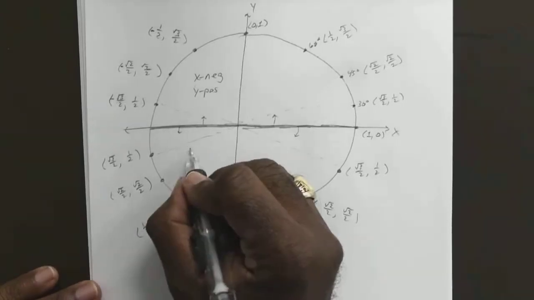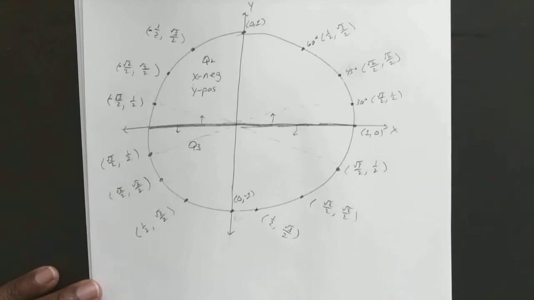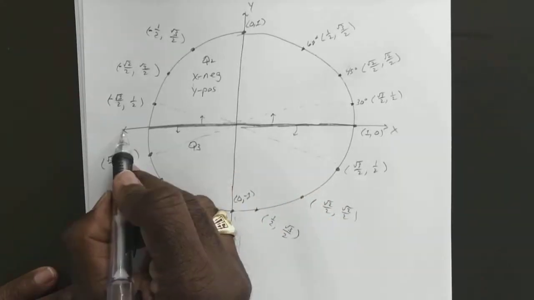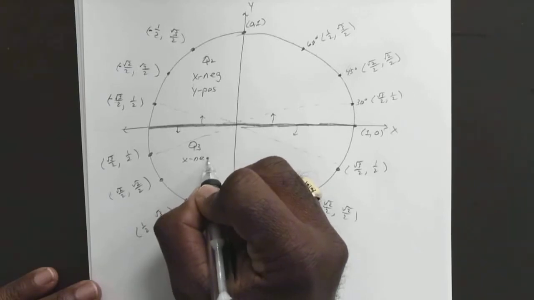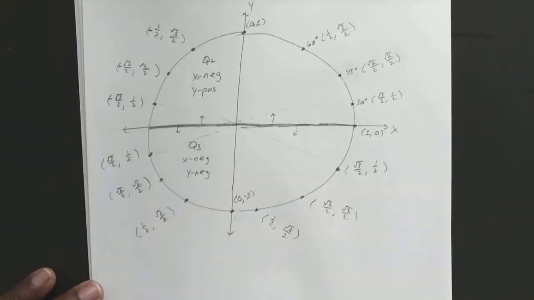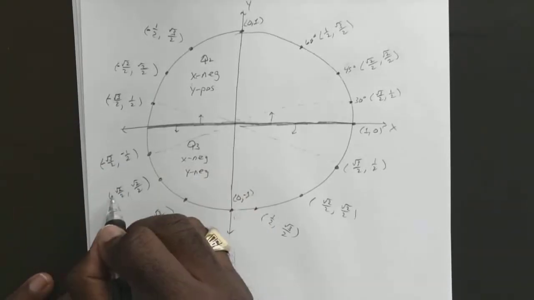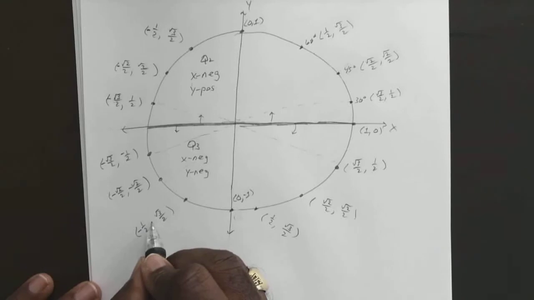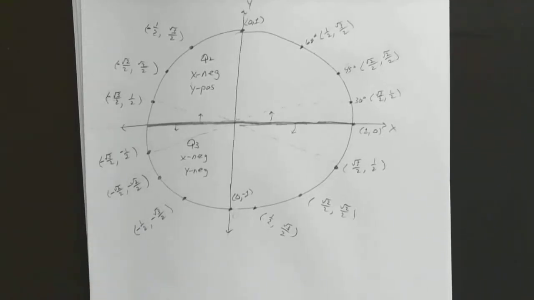And remember, in quadrant 3, I'll make that Q2 and Q3, your x values are negative and your y values are negative. So you just make both of them negative.